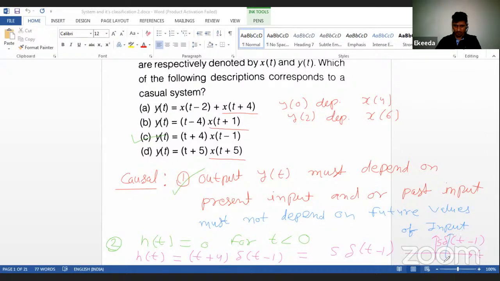Here there will be an impulse at t equals to 1. So now you can say that h(t) is 0 for t less than 0, so the system will be causal. So using method 2 also you can determine that this system is causal.